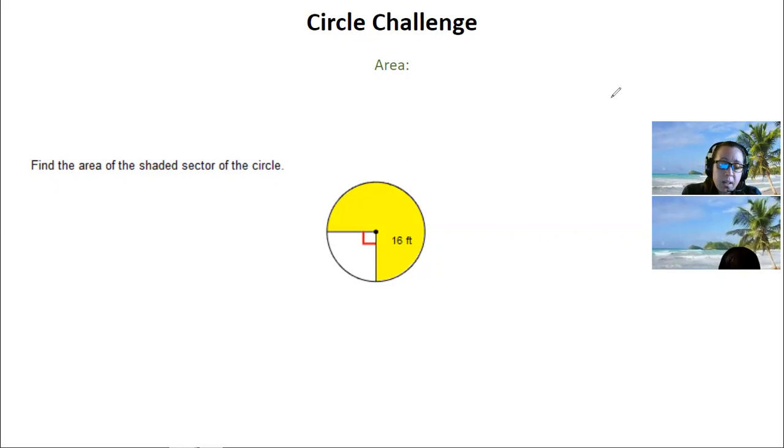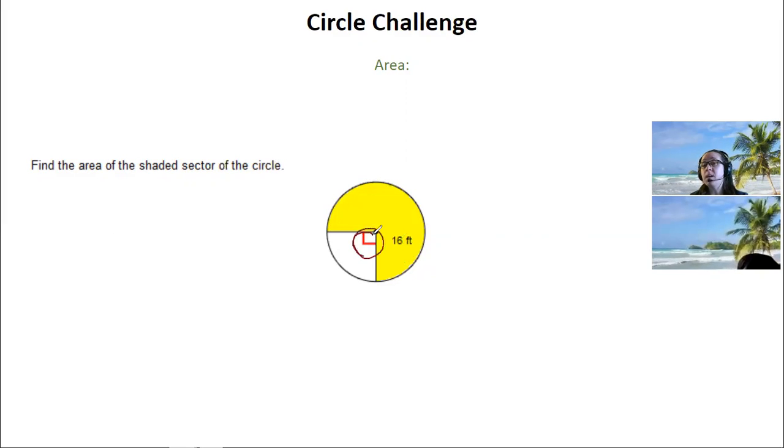So, area of a sector formula. For that, there's two ways we can do it. I'm just going to give you the one because I don't want to throw too much at you. But the actual formula is you take your angle that you're given.